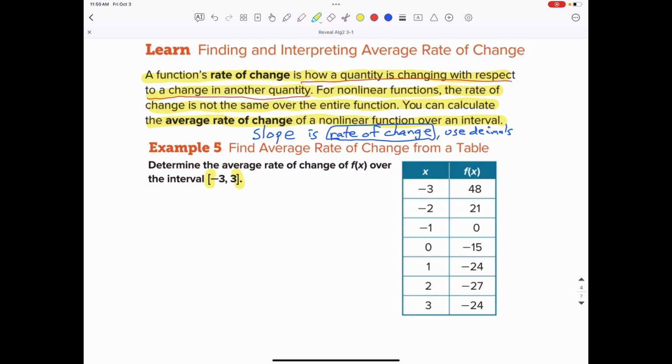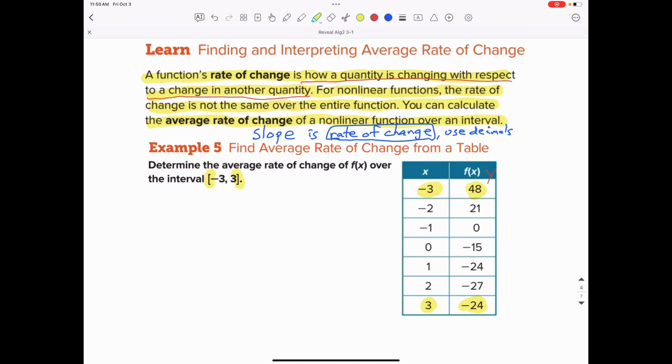So what we can see over here is when x is -3, f of x, or remember f of x is the same as y, is 48. And then it also says when x is 3, because we're using the interval from -3 to 3, y is -24.